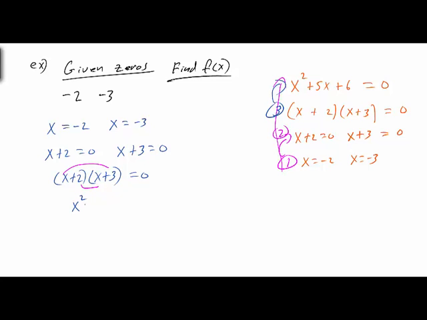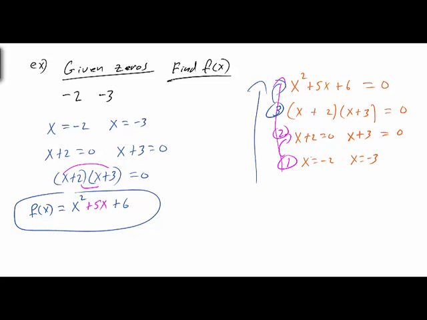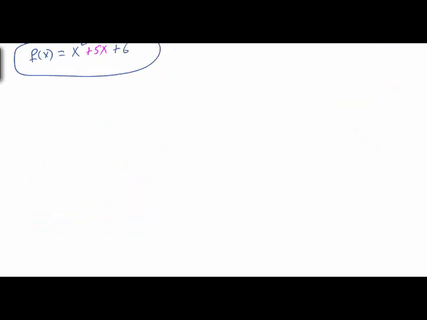So 3x and 2x is going to be 5x. And then 2 times 3 is going to give us the 6. And here we now have our function. So really you have to think about working backwards from what we did over here when we were solving for the zeros.